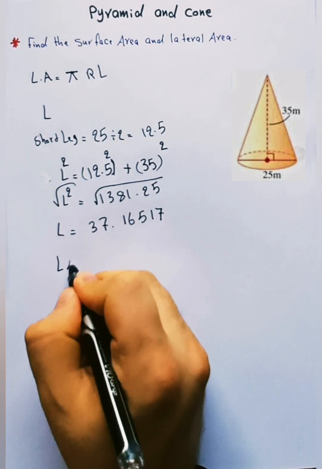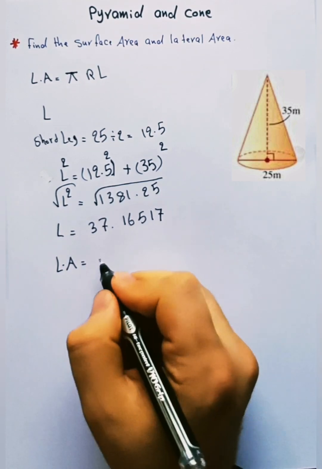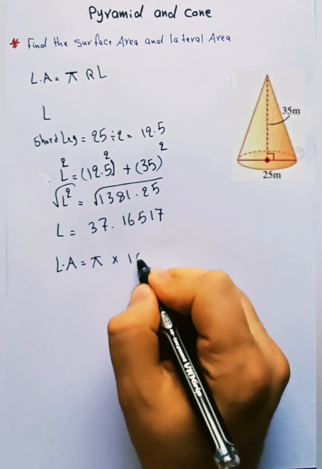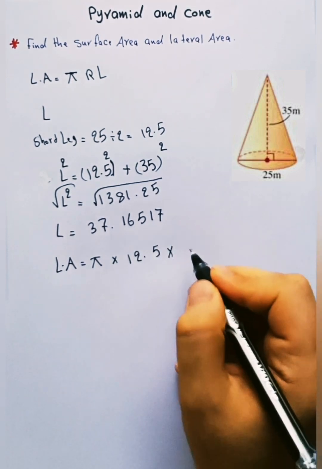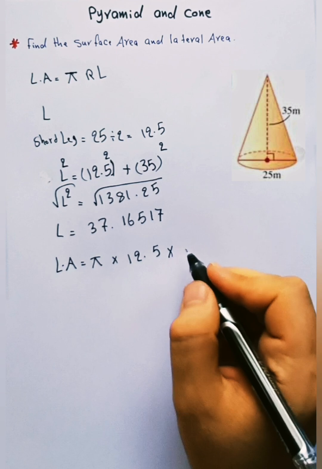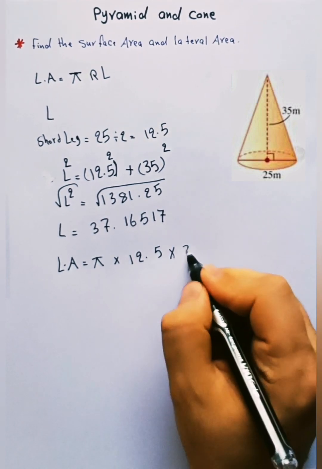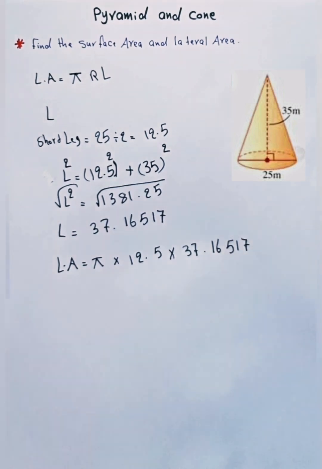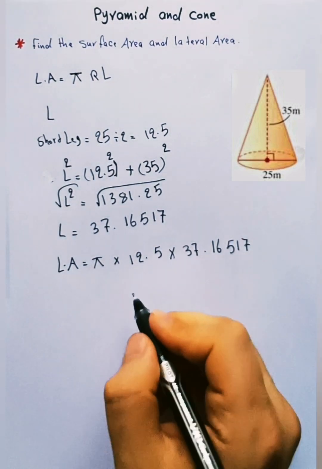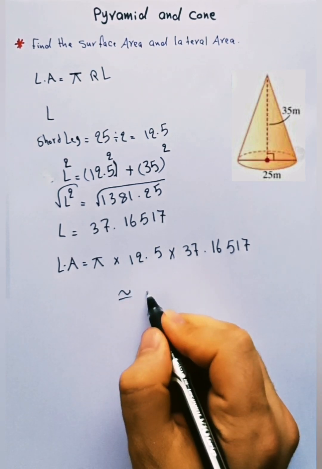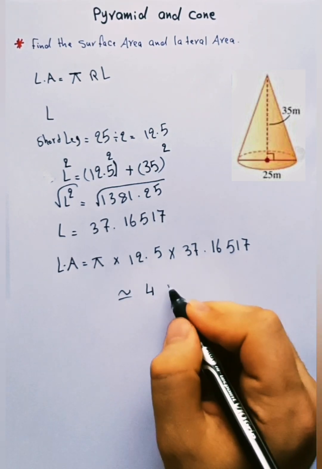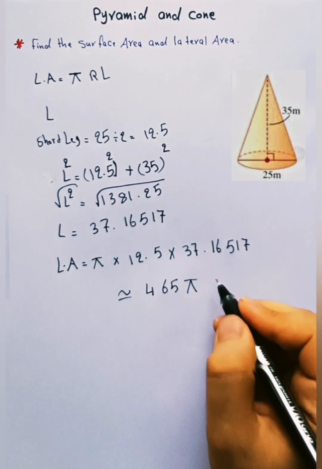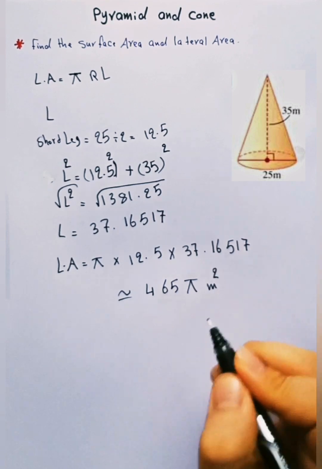After that, the lateral area equal to pi multiplied by the radius, which is 12.5, multiplied by L, which is 37.16517, and the product is approximately equal to 465 pi meter square.